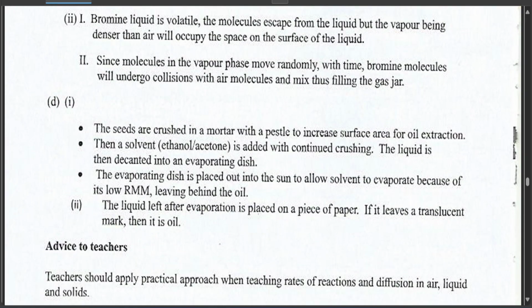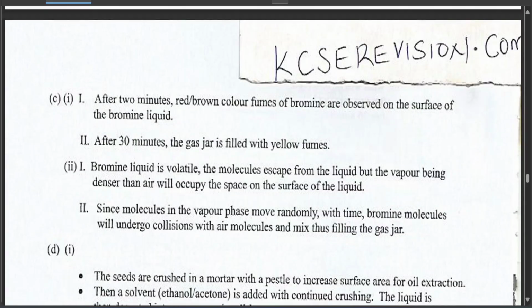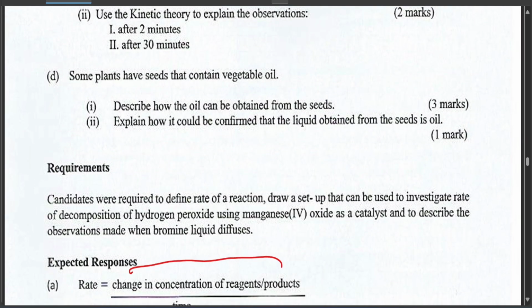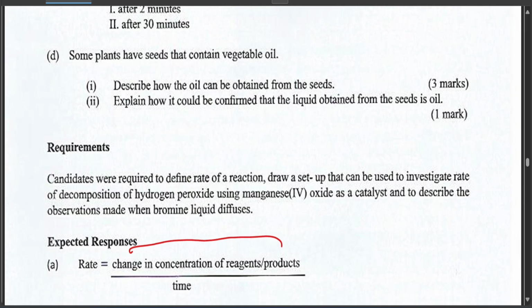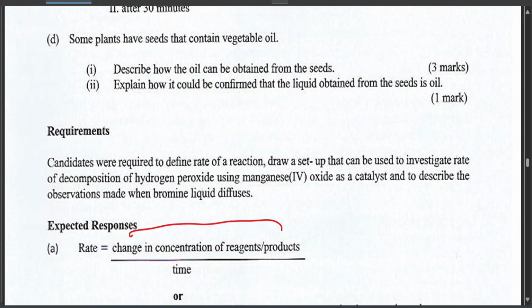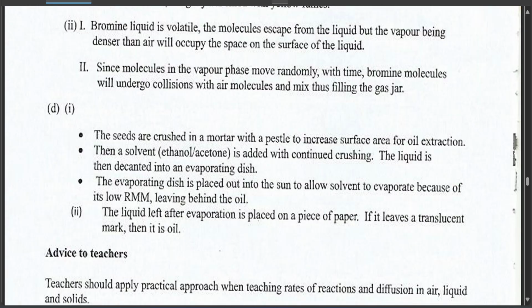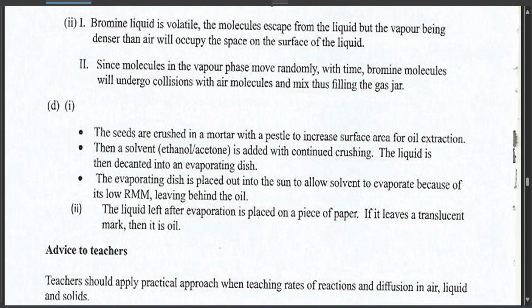And the last question focuses on describing how oil can be obtained from seeds, and explaining how it could be confirmed that the liquid obtained from the seed is oil, which is very simple. To get the oil from the seed, we take a mortar and a pestle and crush the seed inside the mortar, so that you increase the surface area for oil extraction.